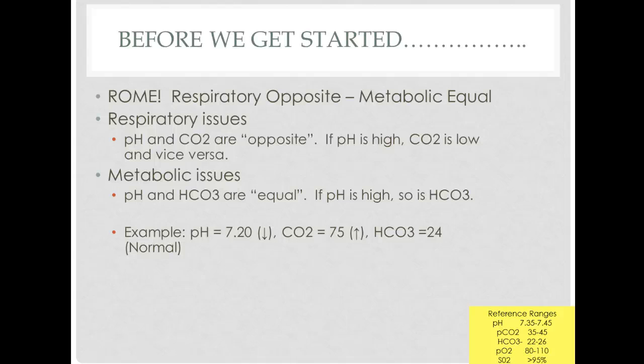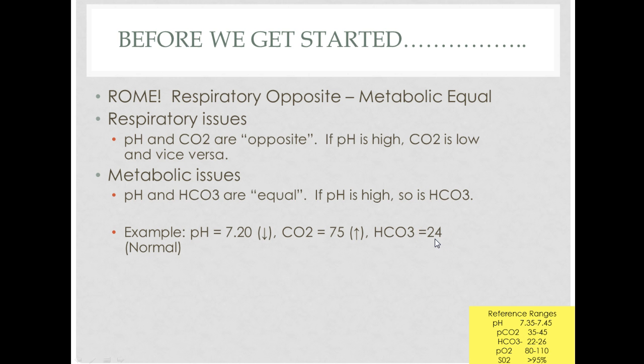So let's do an example. If a patient has a pH of 7.20, it is low, so I put a down arrow indicating that it is decreased. They have a CO2 of 75. As we can see by our reference ranges down below, that's very high, so I have an arrow pointing up. Our bicarb of 24 is in the middle of our reference range, so that is normal.